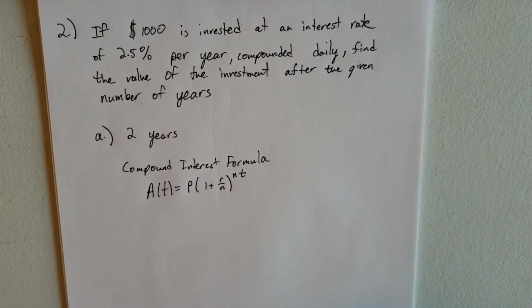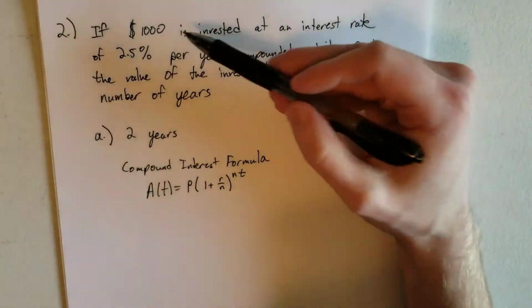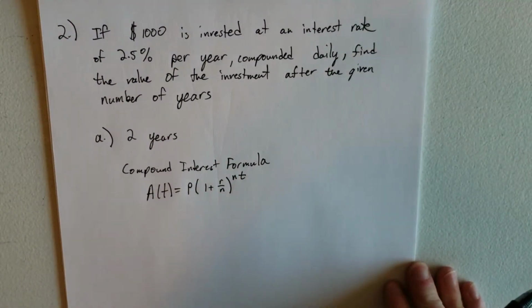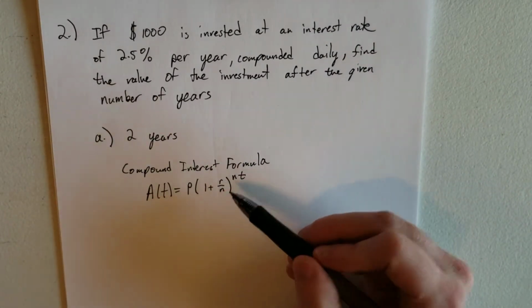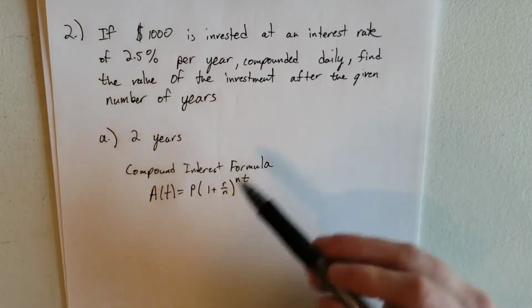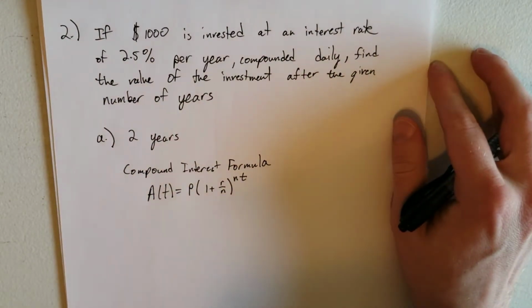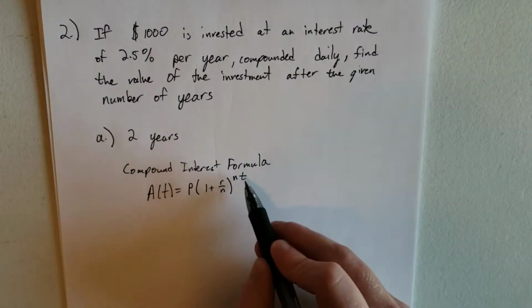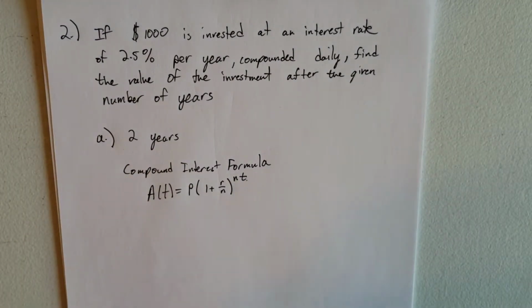Here, P is the principal amount, that is the invested amount, it's your starting amount. r is your interest rate. n is the number of times you compound per year, and that shows up twice. And then t is the number of years.